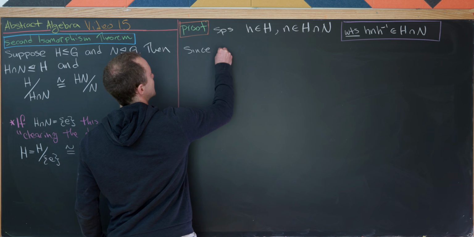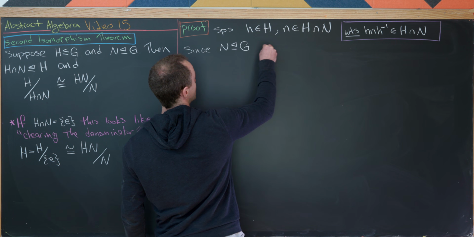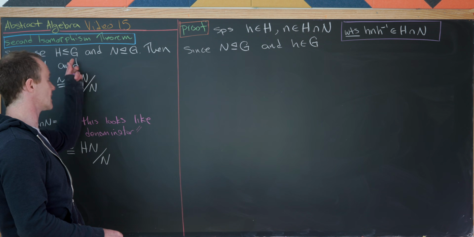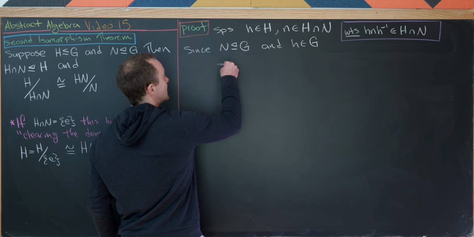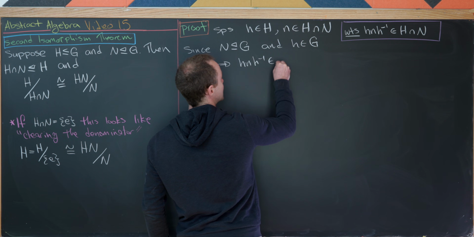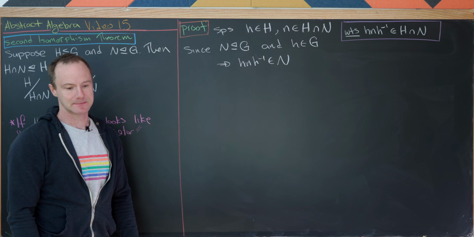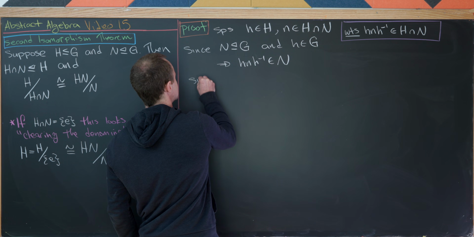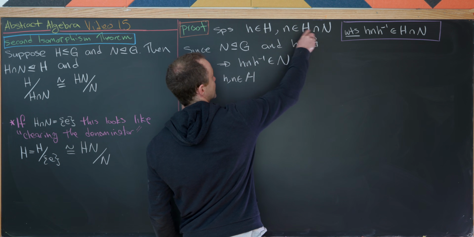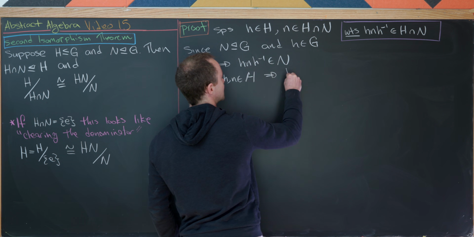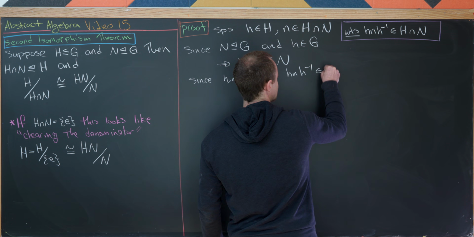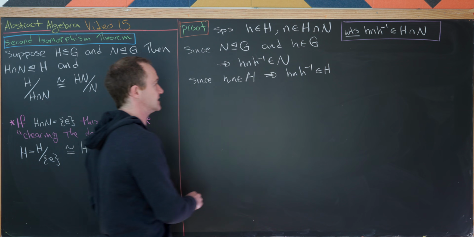So since N is normal in the whole group, and all of these h's are in the whole group because H is a subgroup of G, we actually know that hnh inverse is an element of N. Okay, but also since h and n are both inside of H, because n is inside of H intersect N, that tells us that hnh inverse is simply a combination of things inside of H. So that means it's inside of H, because H itself is a subgroup.